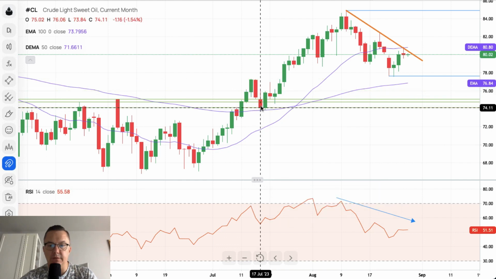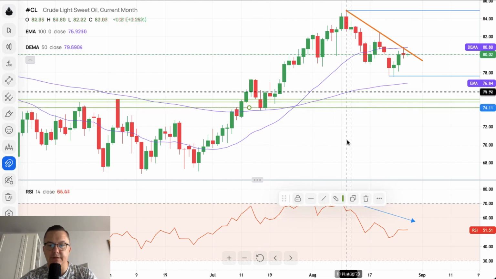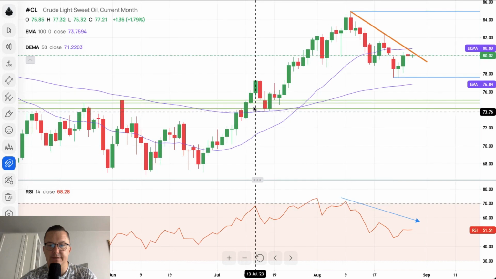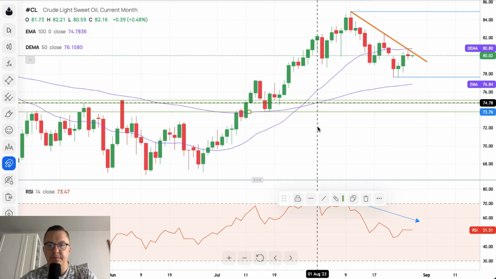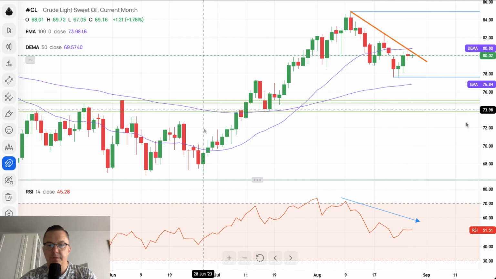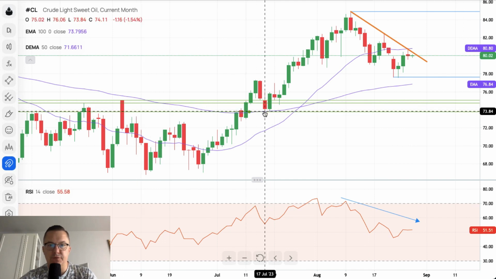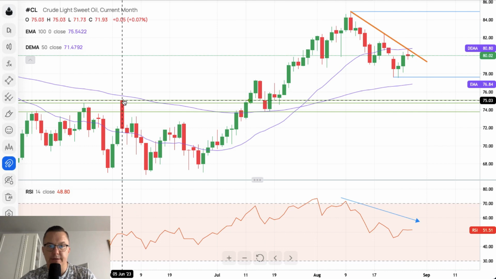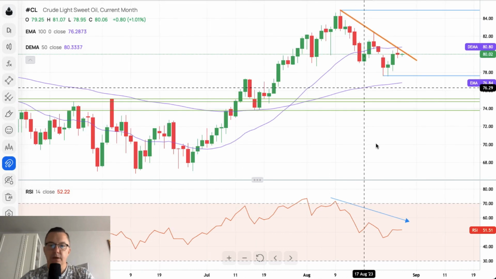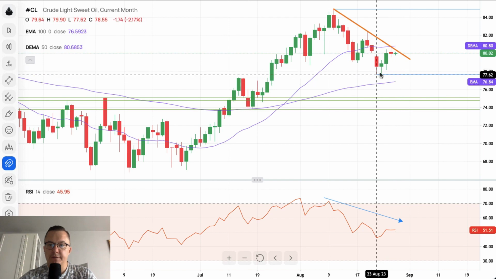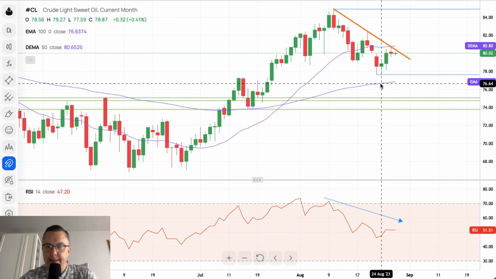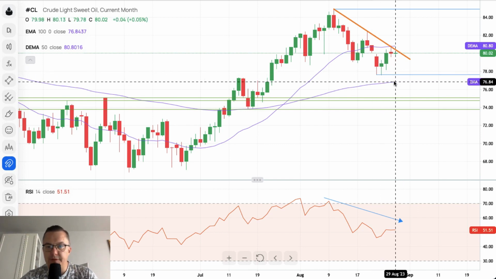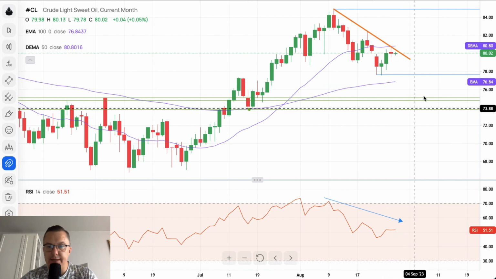Well, we might use this level as well, between 73.84 and 75.03. So first this low, then the 100 periods moving average on daily, then that zone.